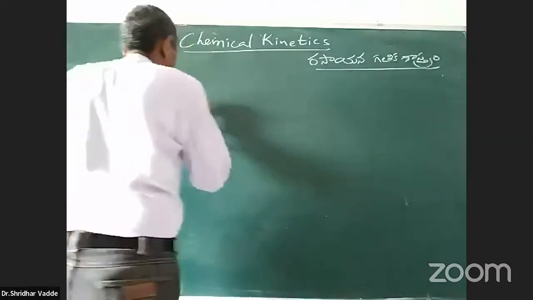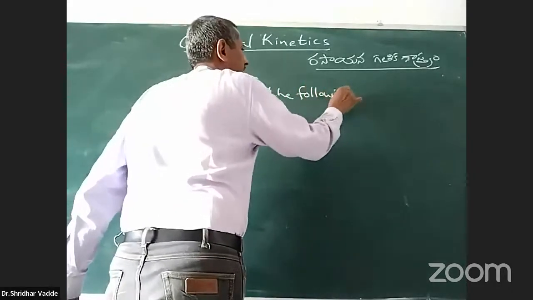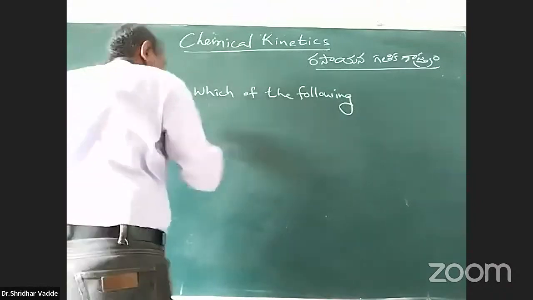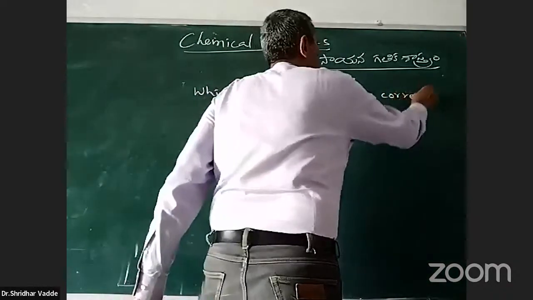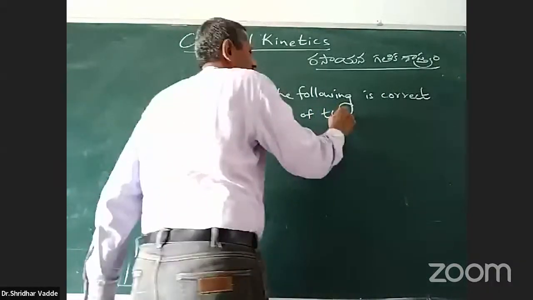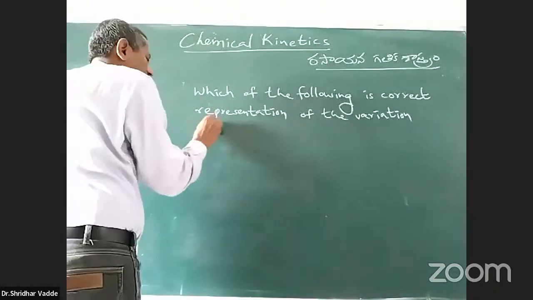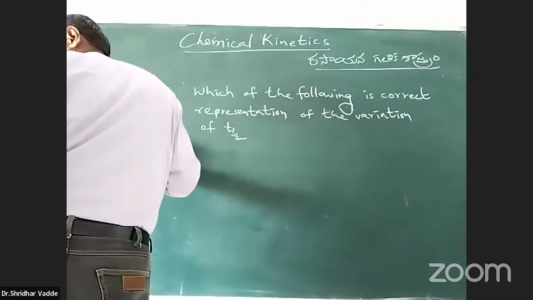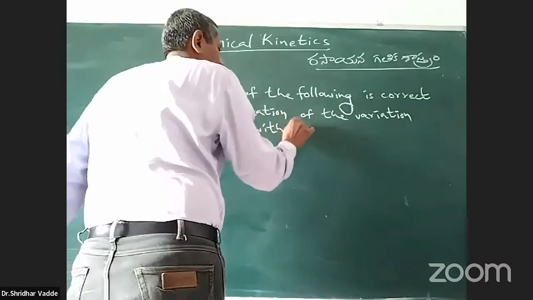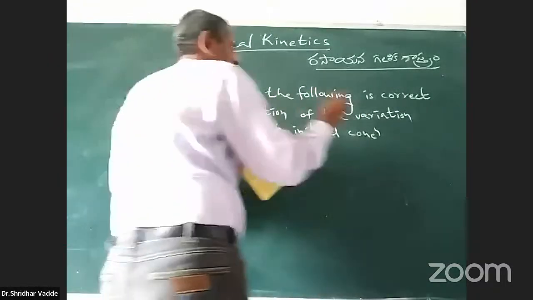Which of the following is the correct representation of the variation of half-life with initial concentration of a zero order reaction?